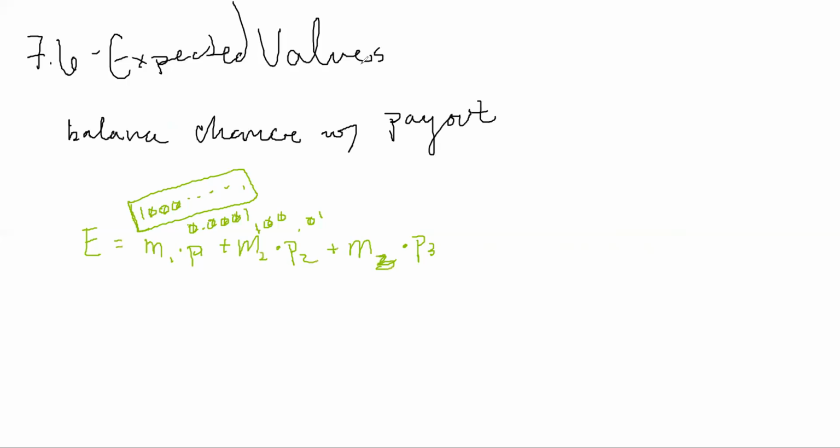Okay, so expected values, very useful. A lot of the times you'll hit an expected value problem and it'll say, is this fair? And basically, if they're asking you if it's fair, they're asking you, is the expected value of this game that we're playing going to be 0?